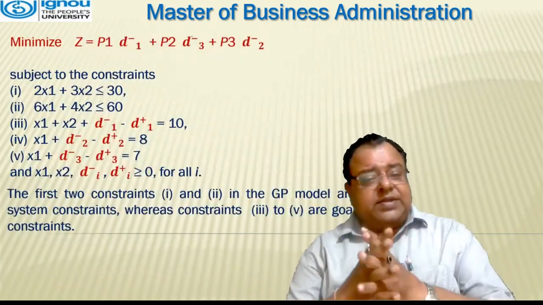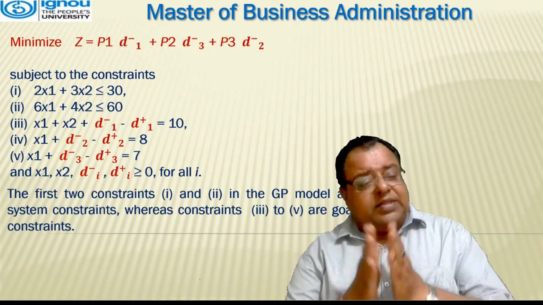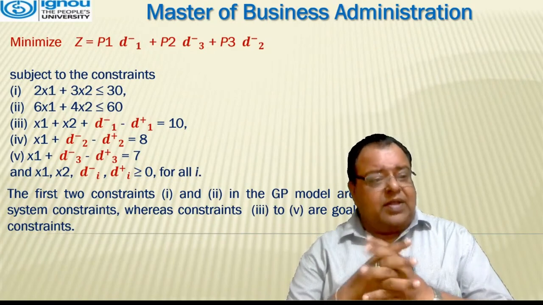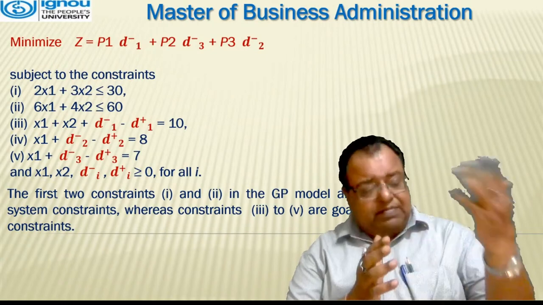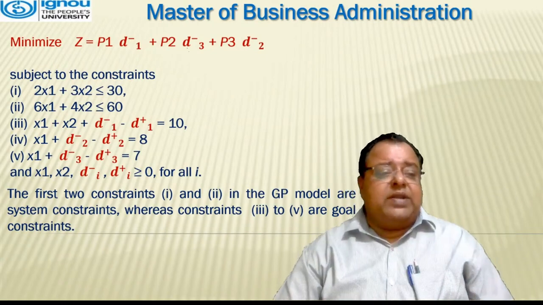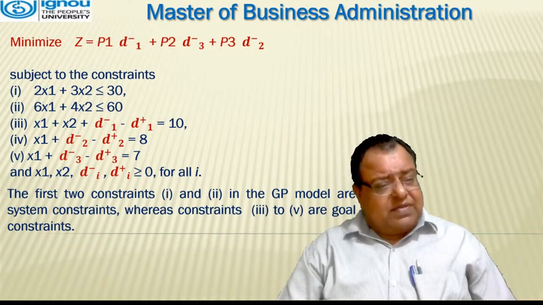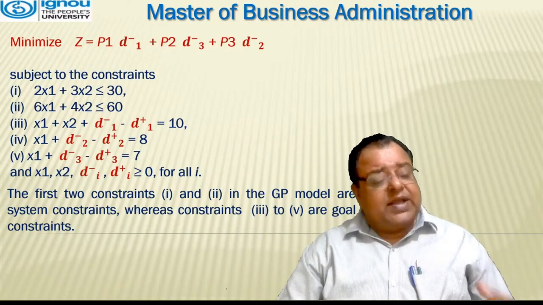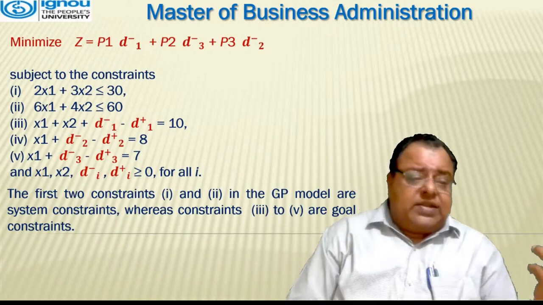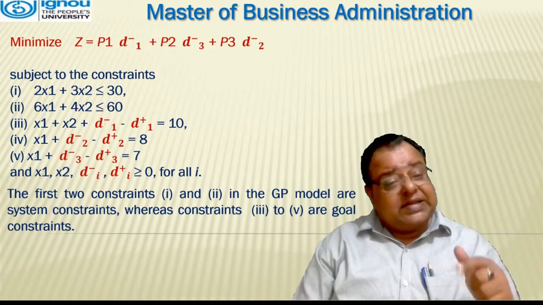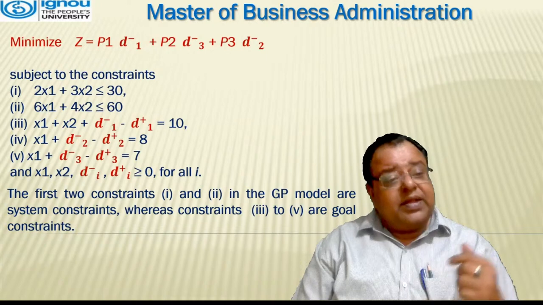Now these are the different constraints associated with the problem. First, as mentioned in the problem, 2x1 plus 3x2 less than or equal to 30. Second, 6x1 plus 4x2 less than or equal to 60. The third one is x1 plus x2 plus d1 negative minus d1 positive equal to 10.